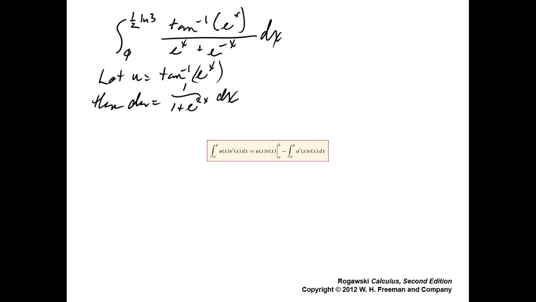We have something else in there, don't we? We have an e to the x. Because the derivative of the inverse tangent would be 1 over 1 plus e to the 2x dx. But then you've got to do a derivative of this. The derivative of that is e to the x over that, times dx. You see, you have to do a chain rule there.